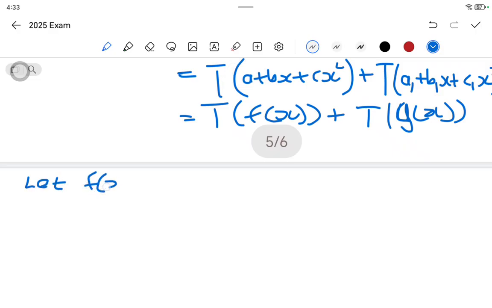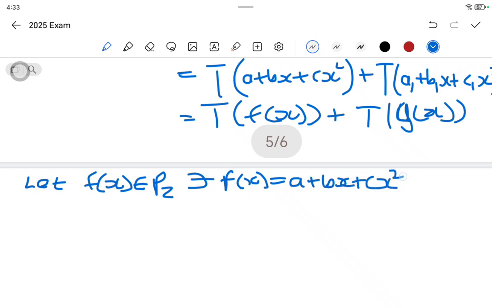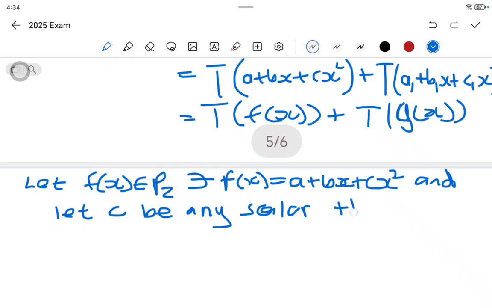Let f of x be an element of P2 such that f of x is equal to a plus bx plus cx squared, and let c be any scalar. Then we're going to have T of c f of x.